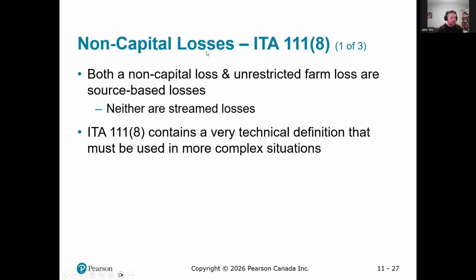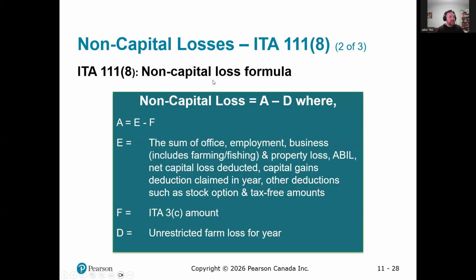So non-capital losses are one of the 2 types that are not streamed. Non-capital loss and unrestricted farm losses are source-based. Neither are streamed. I'm not going to worry about the technical definition of more complex situations. So calculating the non-capital loss formula is this.